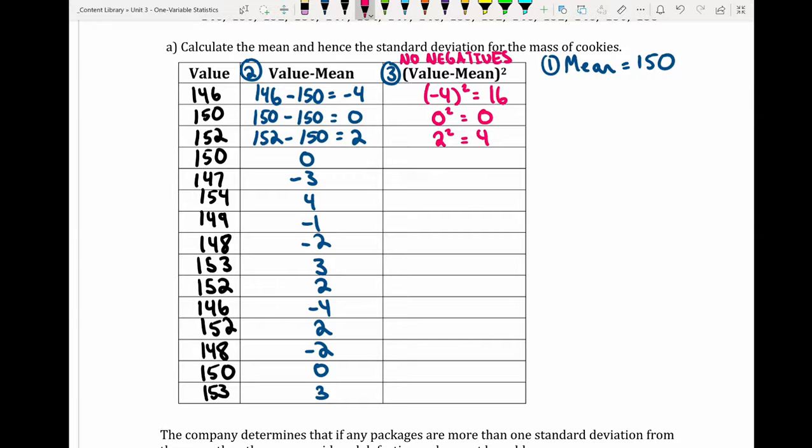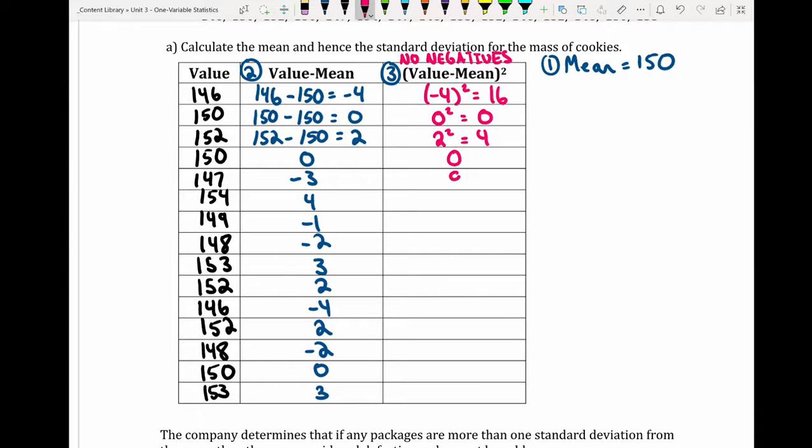So just make sure on your calculator you are putting brackets around the negative number. If you don't, your calculator may not consider that negative part of the power, and in that case you may get a negative number. But all of our answers should be positive, because when we multiply a negative by a negative, which is what happens when we're squaring something, it should always be positive.